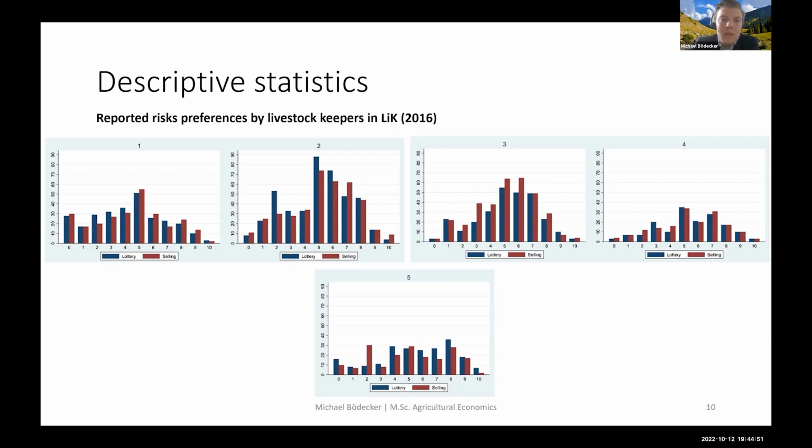So this means individuals who reported risk aversion in the self-assessment did not choose risk averse options in the lottery or in the selling situation. So we can see there's no apparent relationship between risk aversion in the lottery and in the selling situation, but I was not calculating this further.